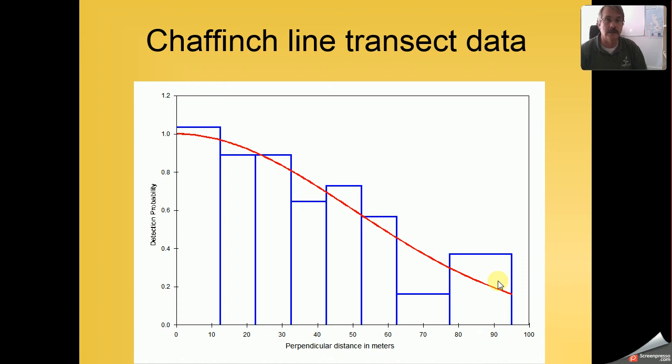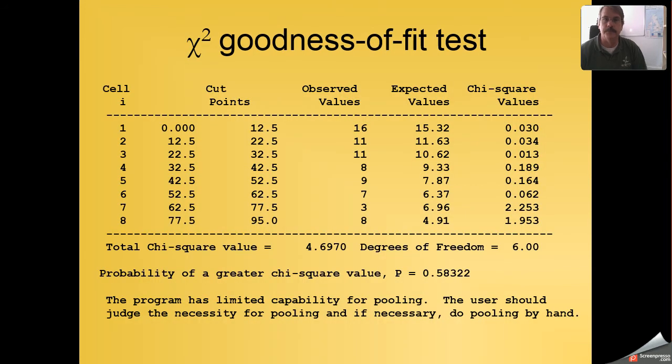So the question asked by the chi-square test is, when we look at them across all of our data, are those departures between the observed values and the expected values sufficiently large that we think this model isn't adequate for the data?